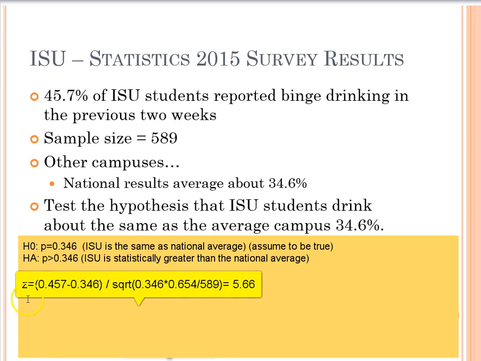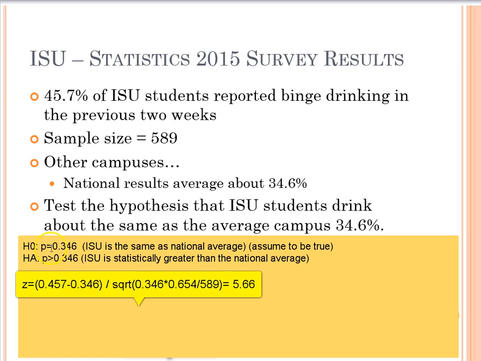So remember that our z-scores are a measure of how unusual something is. So what we're doing when we're calculating a z-score is we're looking at our sample and we're saying, how unusual is our sample if the null hypothesis is true? So we're using this null hypothesis as our mean, and we're using that also to generate our standard deviation.